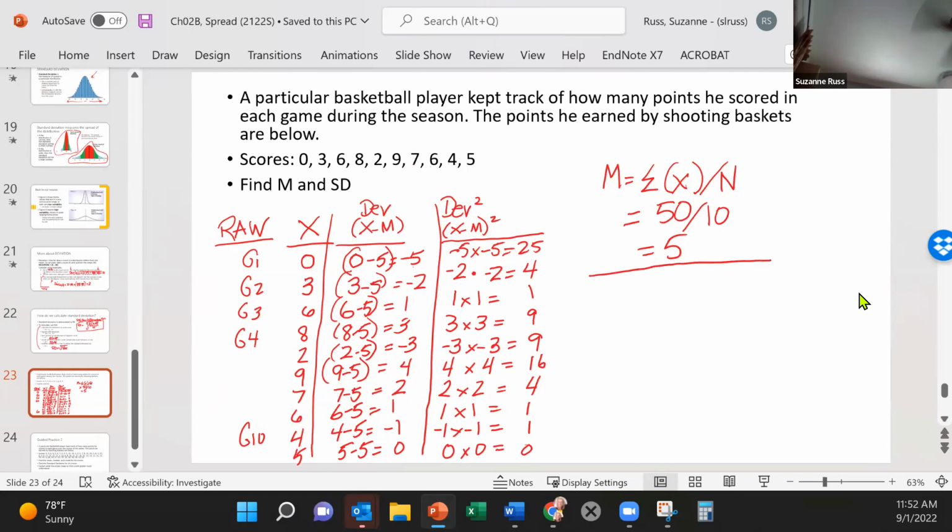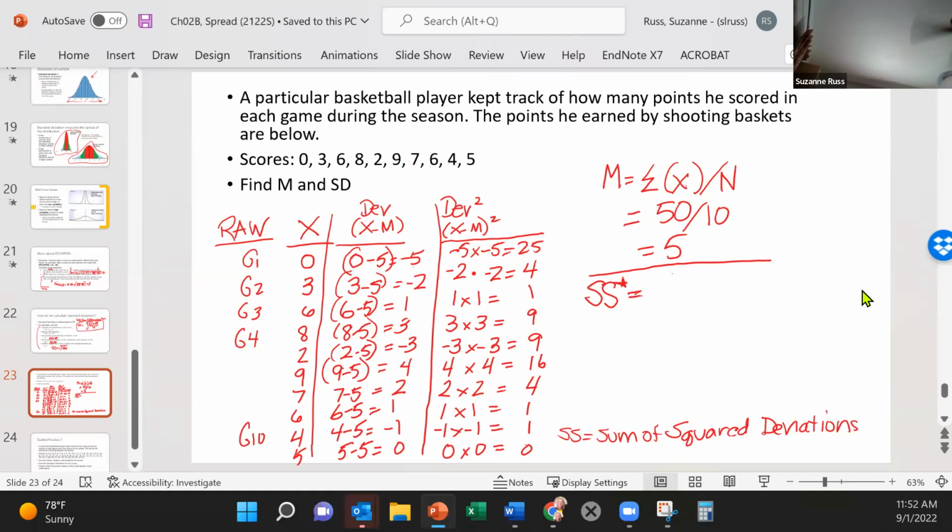Our next step is to sum all those squared deviations up. So we're going to put SS, which means sum of squares. SS equals sum of squared deviations, or we usually just say the sum of squares.